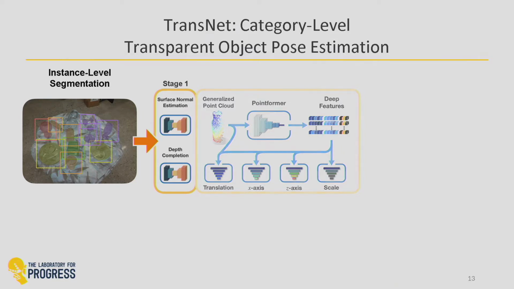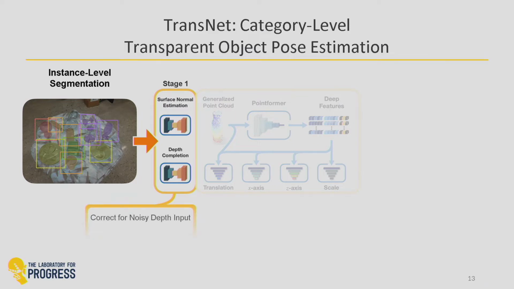Those segmentations get fed one by one into the first stage, which tries to correct for the noisy depth estimates. First, by estimating the surface normals within each segmentation mask, and then secondly, by trying to correct for the depth using a depth completion architecture.